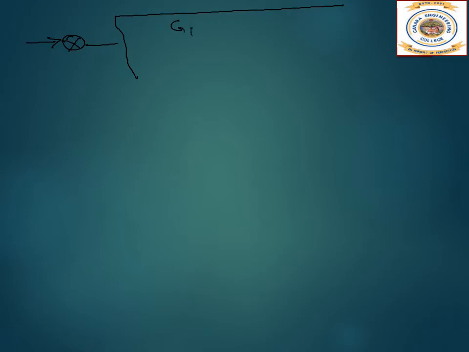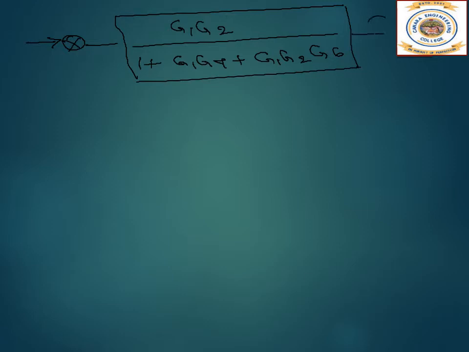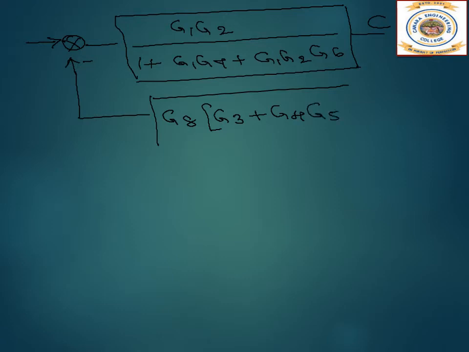It will be G1 G2 divided by 1 plus G1 G7 plus G1 G2 G6, and this is C. Still we have a negative feedback here, and over here we have G8 into G3 plus G4 and G5.